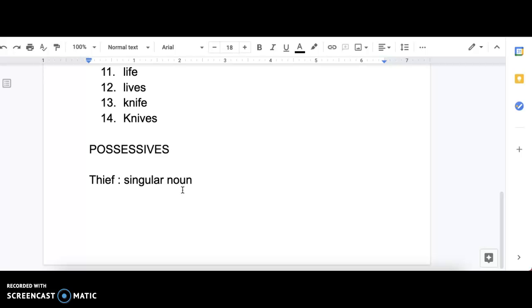Can you think of a word if we made it a possessive? If we made it a possessive noun, it would be thief's. This is correct. We'd have an apostrophe S because we have one thief. Okay, so let's use that in a sentence.